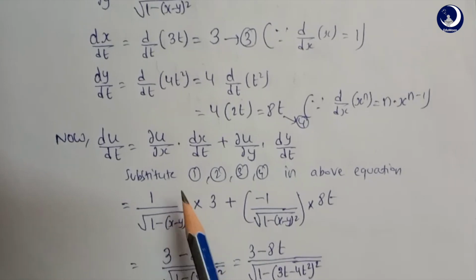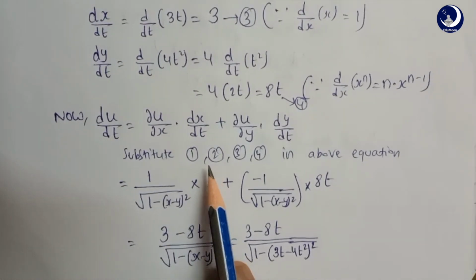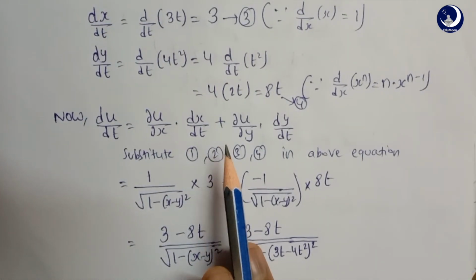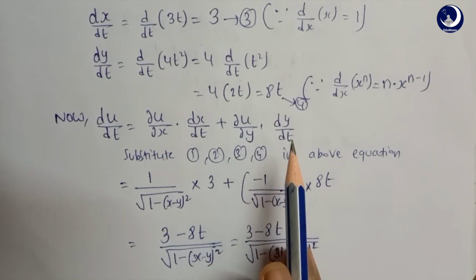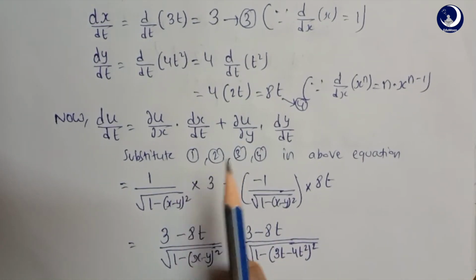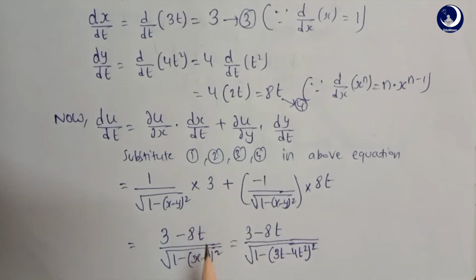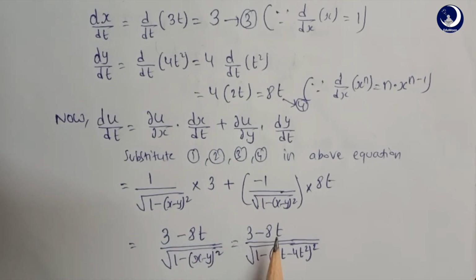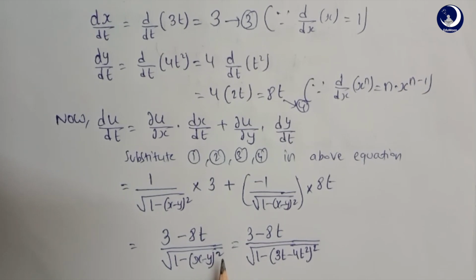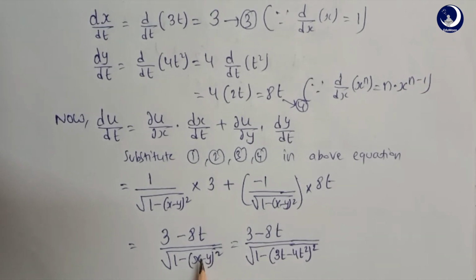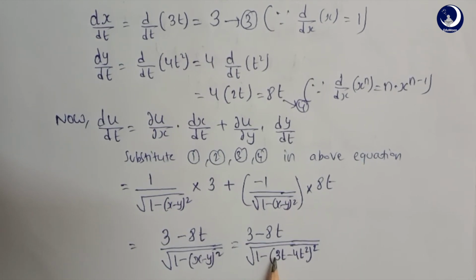So du by dt equals dou u by dou x into dx by dt plus dou u by dou y into dy by dt. Substituting the values, we get the final answer (3 minus 8t) by root over 1 minus (x minus y) whole square, and replacing x equal to 3t and y equal to 4t square, we get 1 minus (3t minus 4t square) whole square.